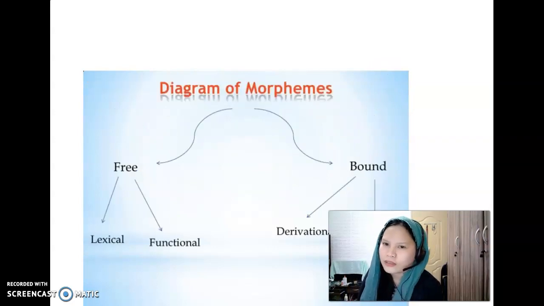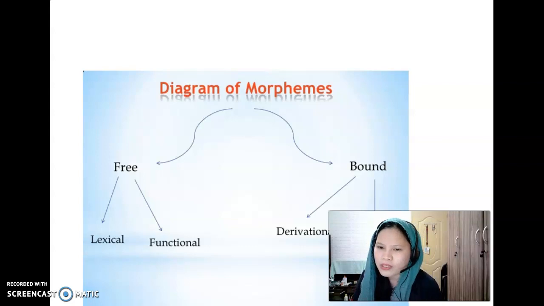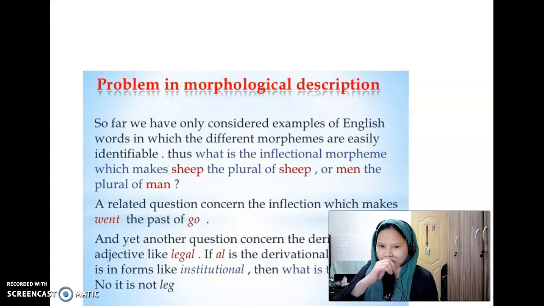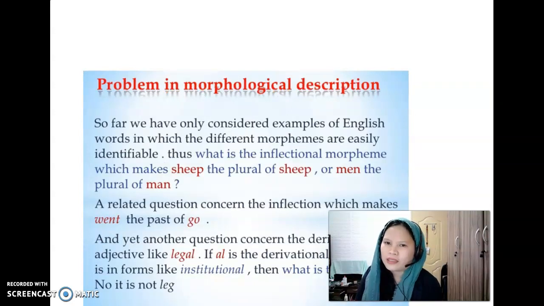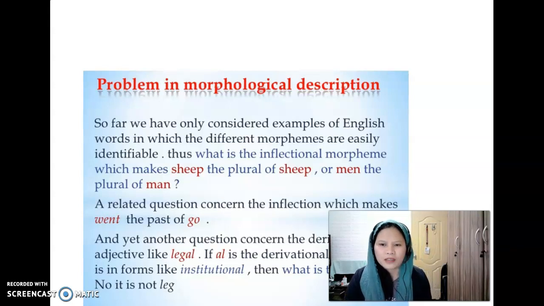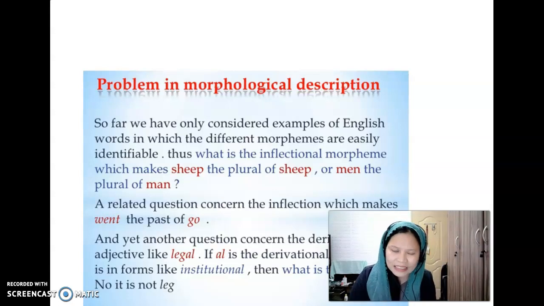So there's also the diagram of morphemes. We have free, which is lexical and functional. And we also have the bound, which is derivational and inflectional, that we have discussed. So the problem in morphological description: so far we only have considered examples of English words in which the different morphemes are easily identifiable. Thus, it is the inflectional morpheme which makes sheep the plural of sheep, or men the plural of man.